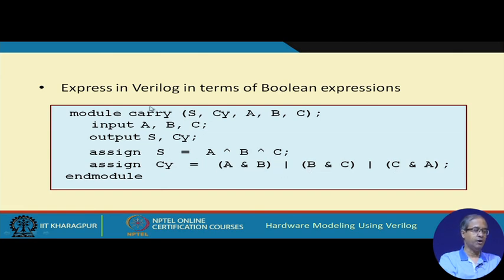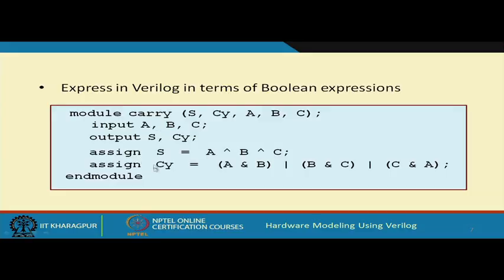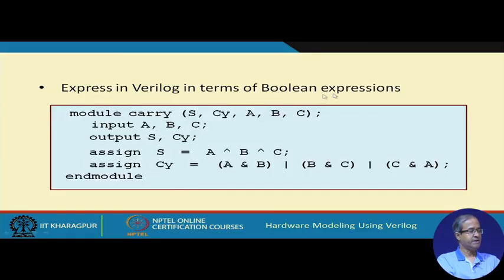So, you see in Verilog you can express a Boolean expression, which is a behavioral specification, very concisely using the assign statement. This is one way to specify a behavioral specification in Verilog.